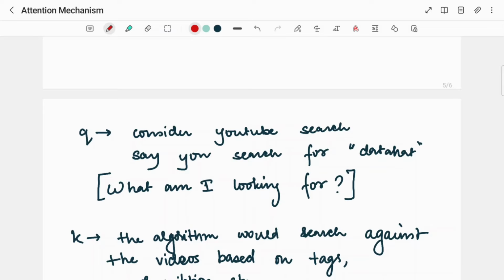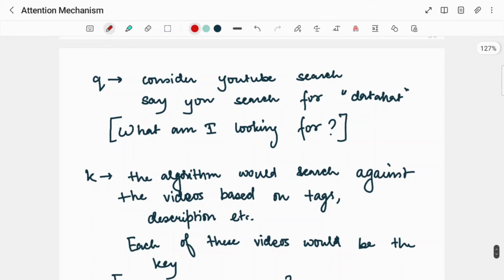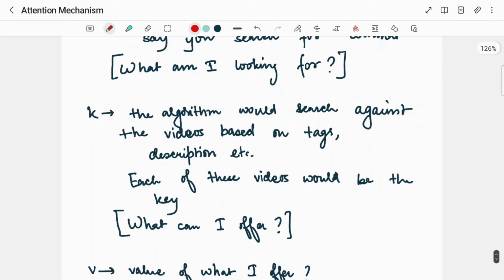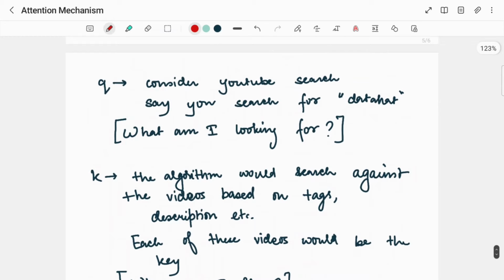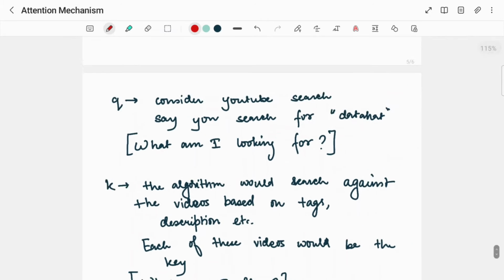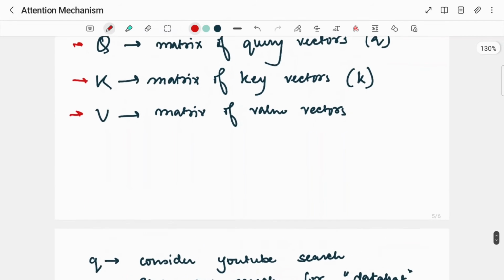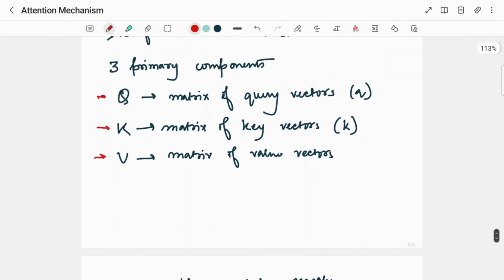All those other videos which the algorithm can offer form the keys or K. Each of these vectors will be K or key vectors, and values are basically the weights associated with each of those vectors. So what value can I offer? This is what query, key and value represent. Hope you understand Q, K and V, their basic analogies, what they try to depict.